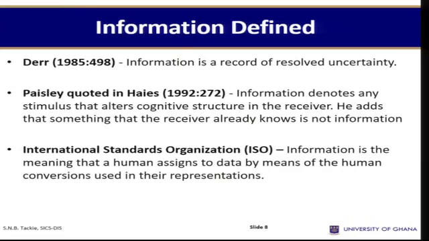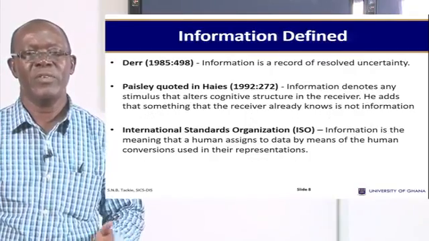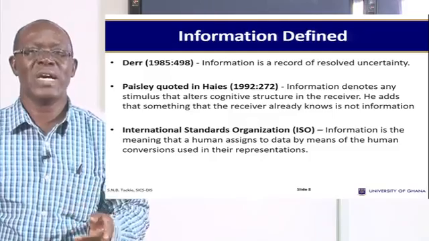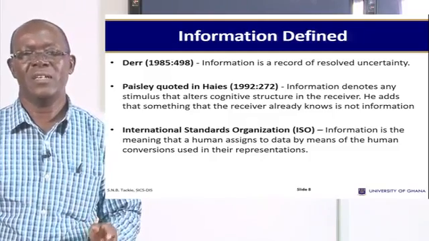And then the International Standards Organization, ISO, says that information is the meaning that a human assigns to data by means of the human conventions used in their representations. For example, the example that I gave you earlier on about Paul and Peter: if I write, for example, car, that is data.